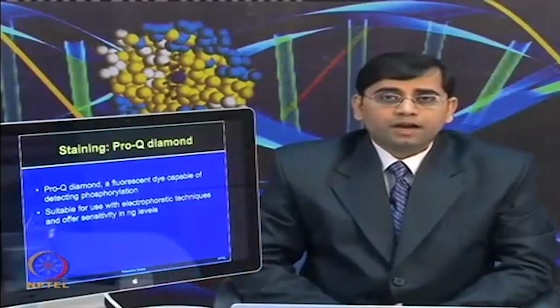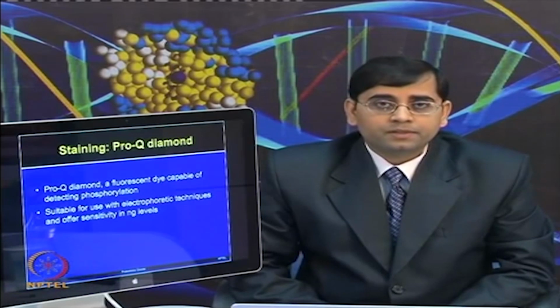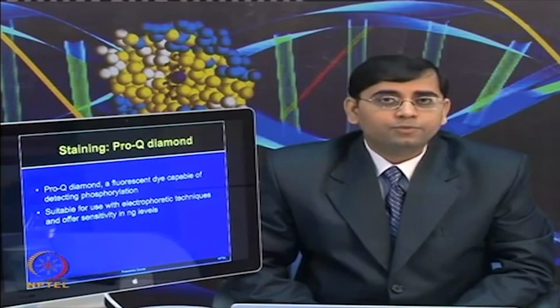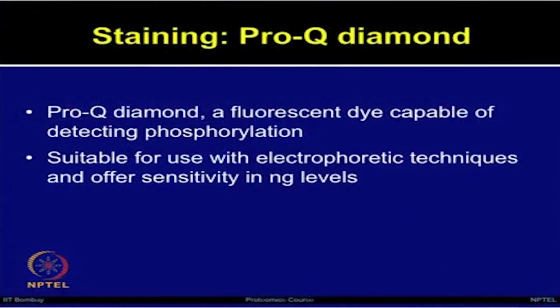So, now after looking at this animation, you are familiar that different types of staining methods can be used. Now, let me introduce you to another stain, which is Pro-Q diamond, which is used for studying the phosphorylation of post translationally modified proteins. Pro-Q diamond is a fluorescent dye, which is capable of detecting phosphorylation.